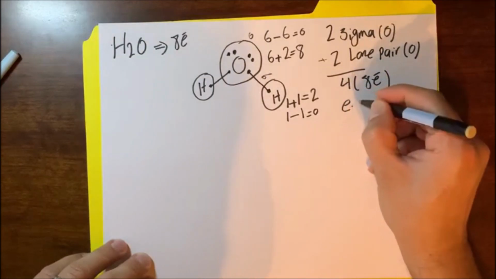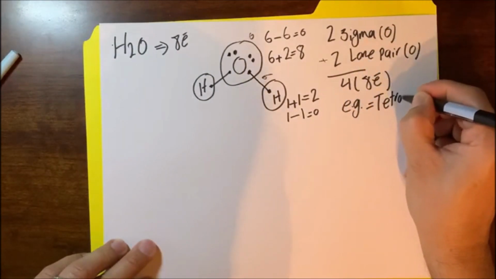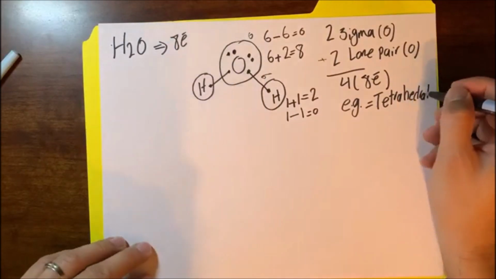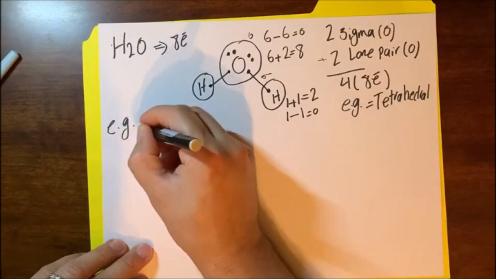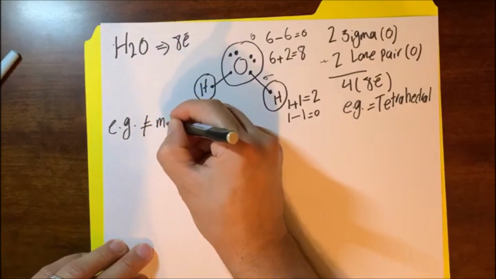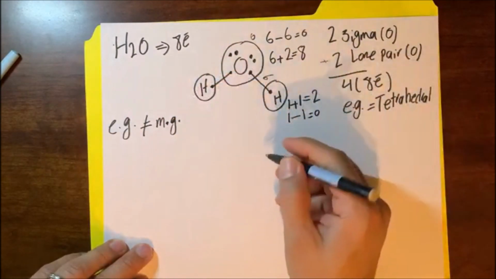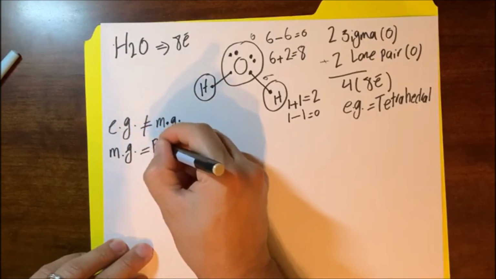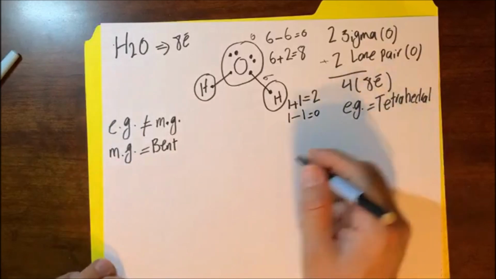And electron geometry will be tetrahedral. Electron geometry is not going to be equal to the molecular geometry because we have lone pairs. Molecular geometry, we said, is bent.